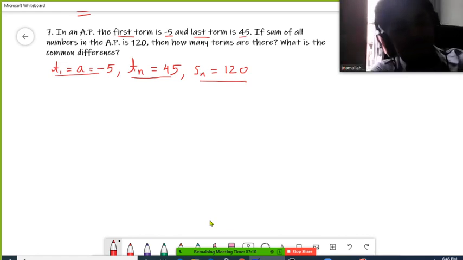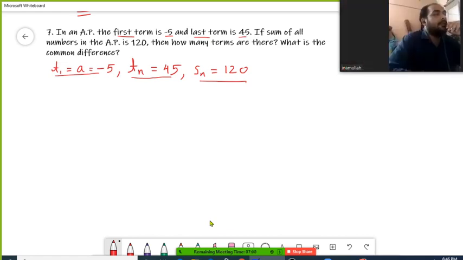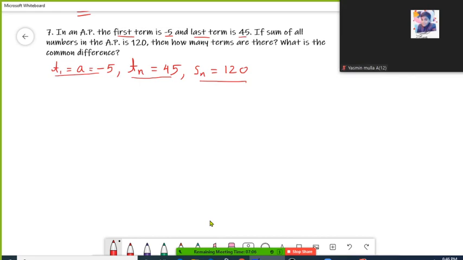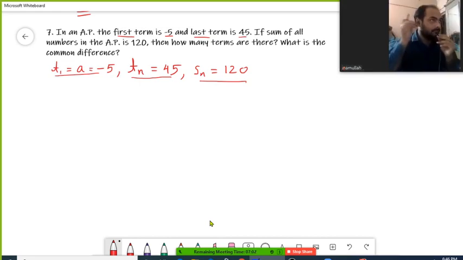Okay. So we need to find out S120. In order to find S120, how many terms are there, that we need to find out. So how many terms means n we need to calculate. I can use this formula.